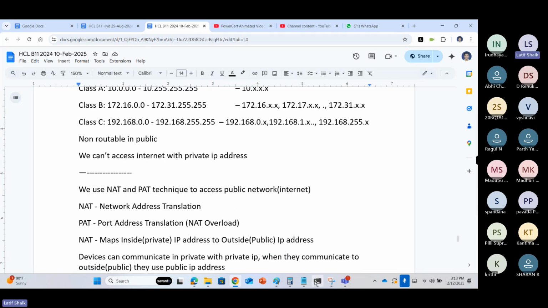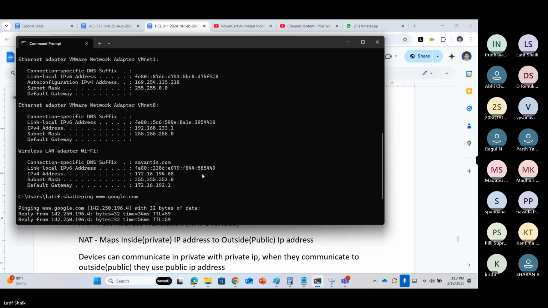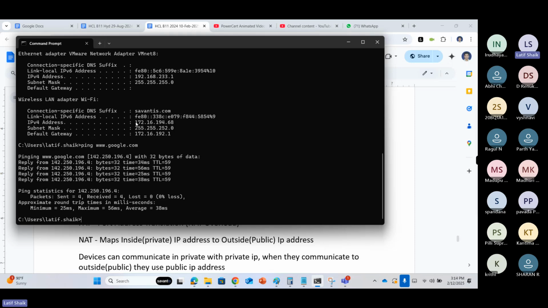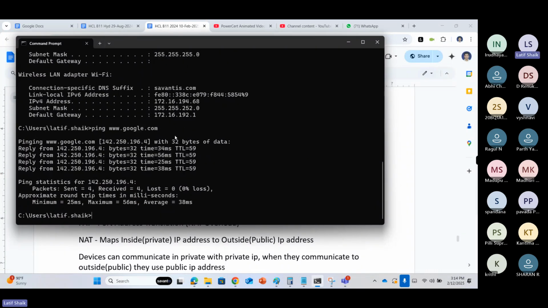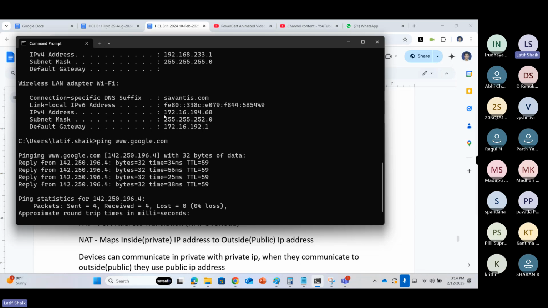But the question is, what is my IP address? 172.16, right? We'll make it a little bigger so you can also see properly. Is it a private IP or public IP?